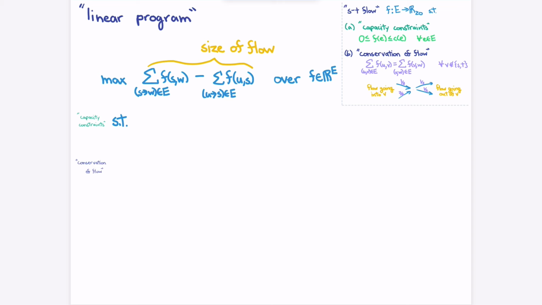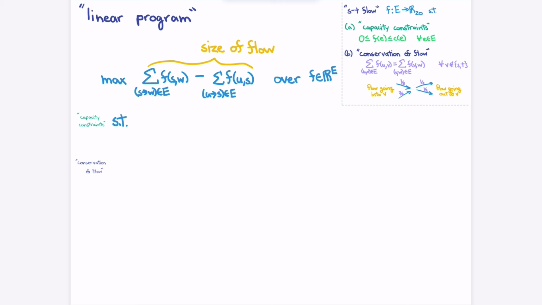So first of all, our objective, right, is I want to maximize the amount of flow going out of S. So in that difference, the first sum is summing over all the arcs that leave S, the total flow, minus the total amount of flow going into S from arcs that point into S. I don't know why you would use those arcs, but still we'll have it there. You're allowed to use it. Okay. And then you max over F, right? So you're just assigning at the end of the day numbers to each edge, each directed edge.